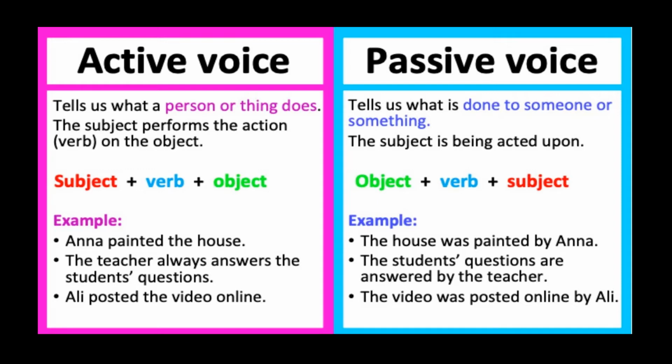The video in this sentence is the subject, but it is not doing something. It is being done upon. It is being acted upon. So the basic difference between active and passive voices is that in active voice, the subject is doing something. In passive voice, the subject is receiving something.